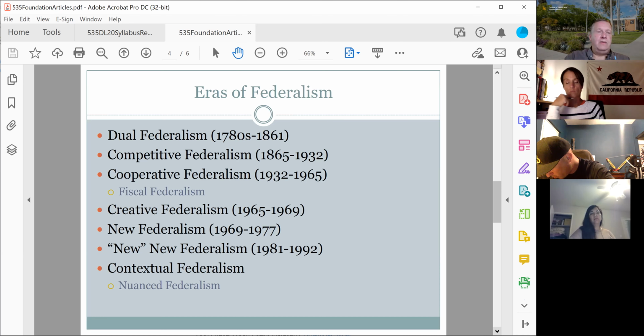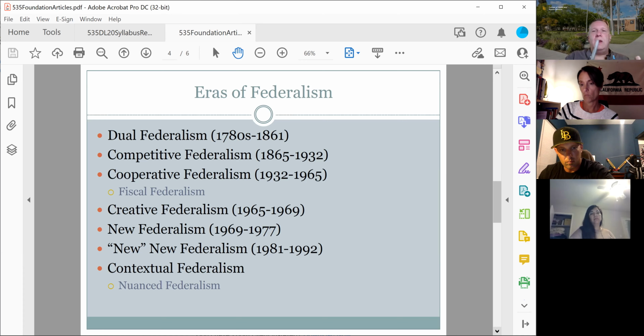Now we've got things such as the Interstate Commerce Commission, that's no longer around, and we got the creation of the FCC eventually. We end up with the creation of the FTC and all these regulatory agencies, the SEC, to regulate all these different activities and behaviors in the economy that used to be the domain of state governments. So competitive federalism really was the dominant approach to federalism up to the New Deal with FDR.